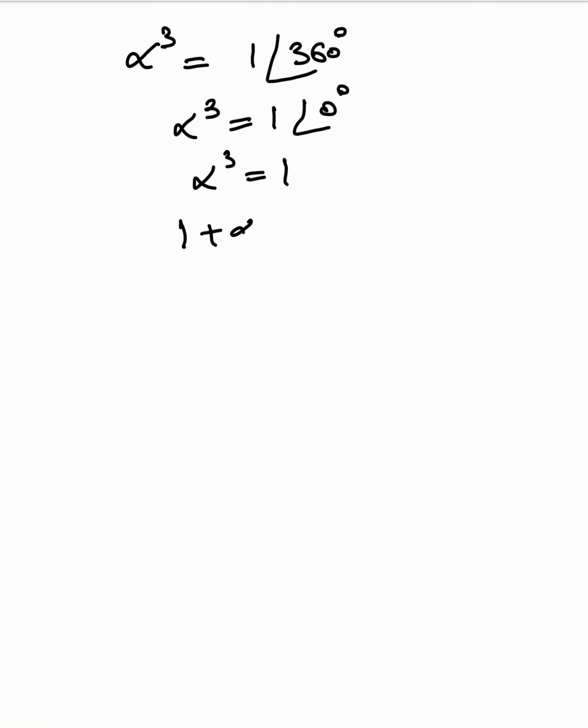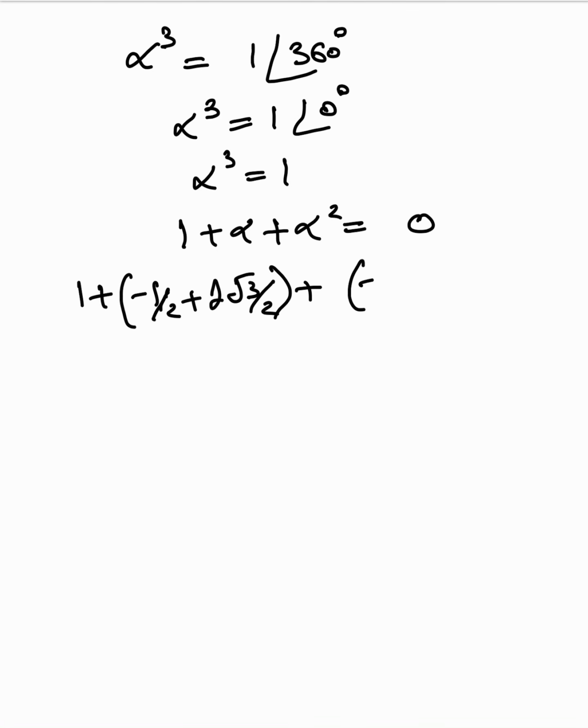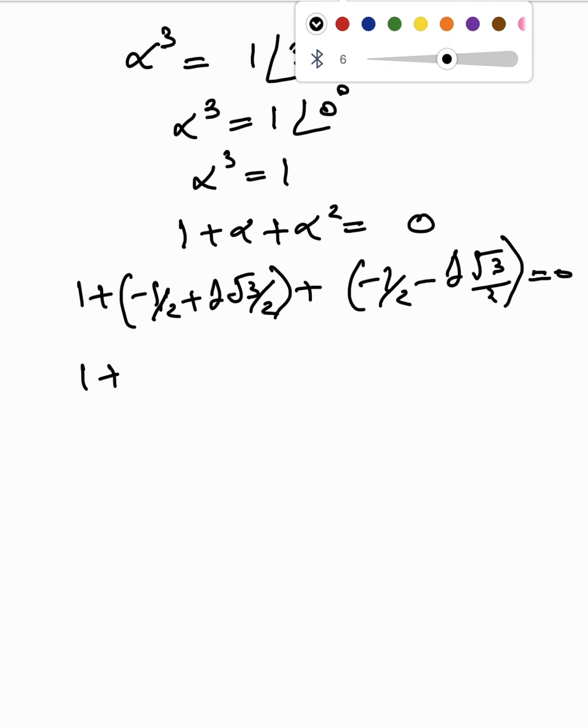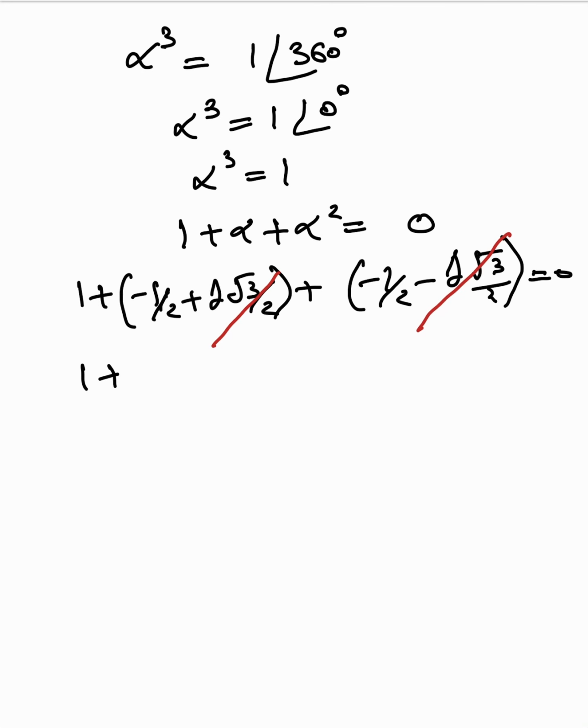Next, 1 plus alpha plus alpha square is equal to 0. How can you say that? Basically 1 plus alpha, which is minus half plus J root 3 by 2, plus alpha square, which is minus half minus J root 3 by 2. The plus J root 3 by 2 and minus J root 3 by 2 cancel out.